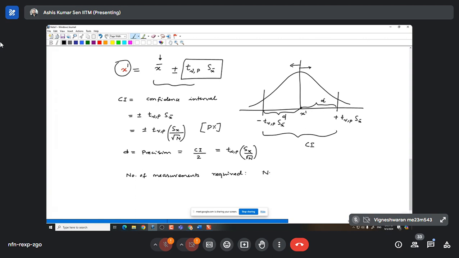That is, n is t mu p sx over d, whole square. If I take the square root of n to this side, bring d down, and square, I will get n equal to t into sx over d, squared.